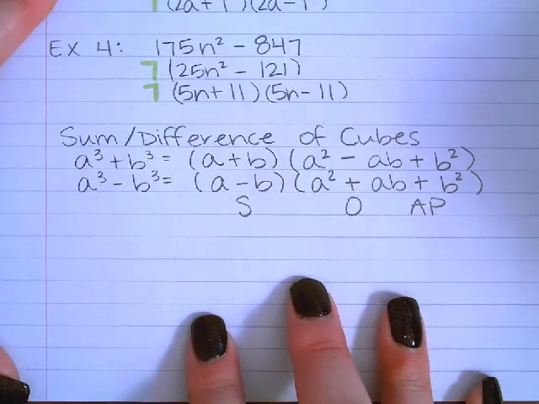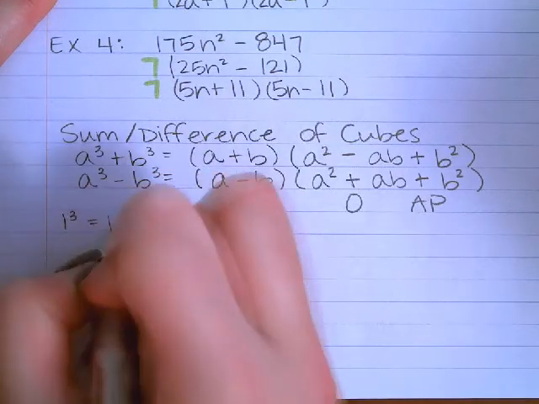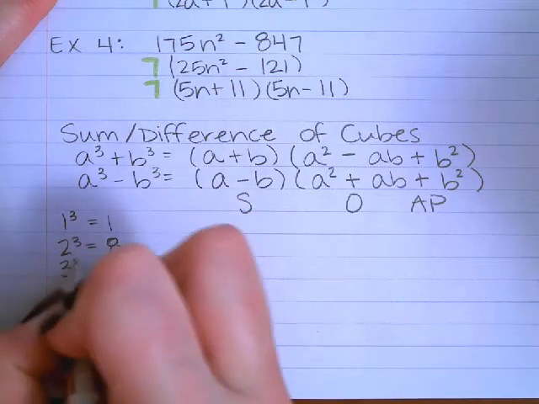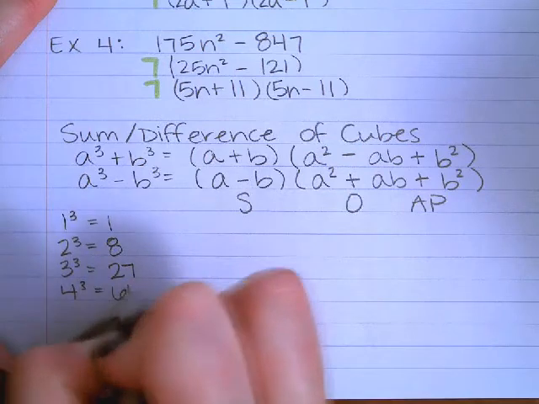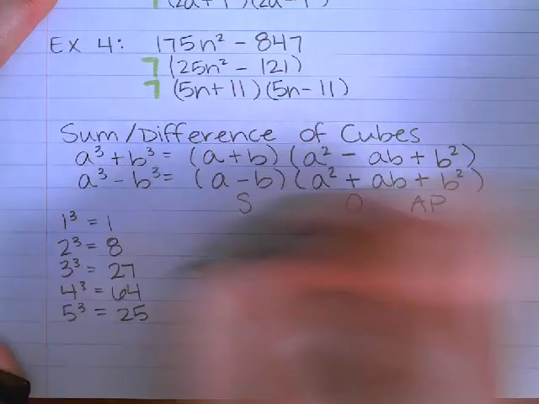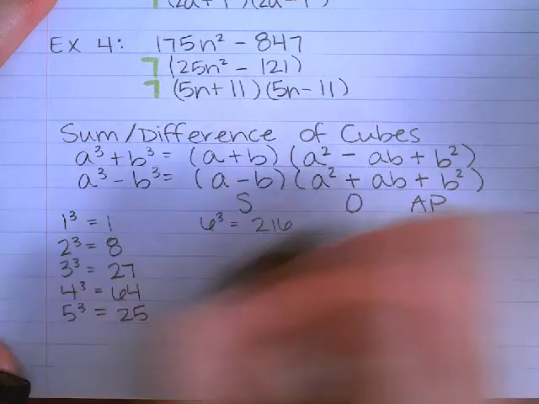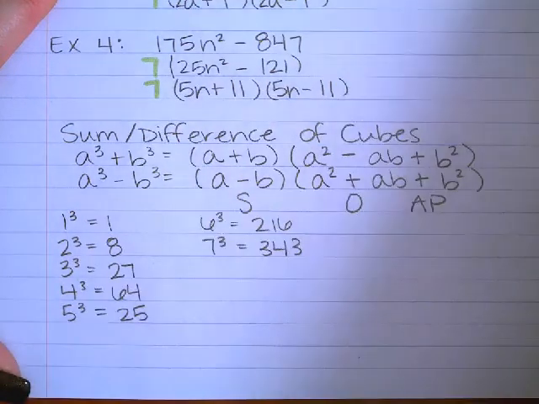All right, again, we want to know what the perfect cubes are. So we've got 1 cubed is 1, 2 cubed is 8, 3 cubed is 27, 4 cubed is 64, 5 cubed is 125, 6 cubed is 216, 7 cubed is 343, I believe.